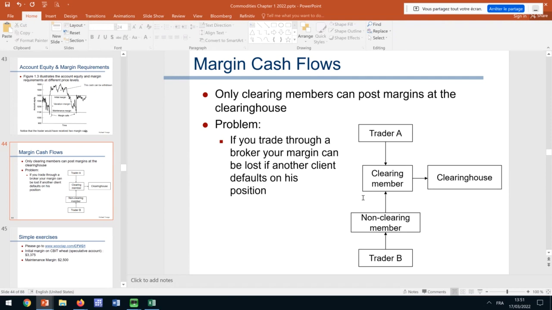The broker will get every bit of money he has and try to put it into the margin. But at some point the broker may not have any money anymore, and then the broker will go bankrupt. Which means that you will lose your margin, because somebody else has made stupid trades with the same broker.